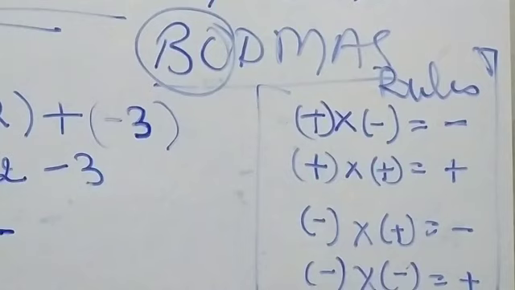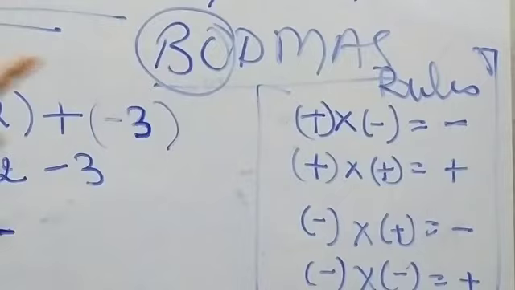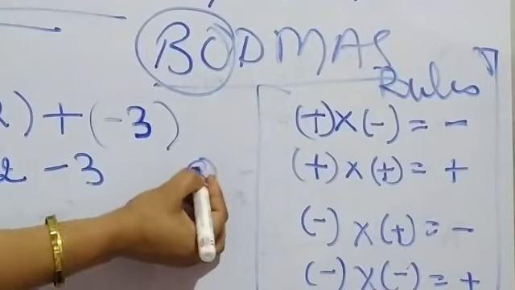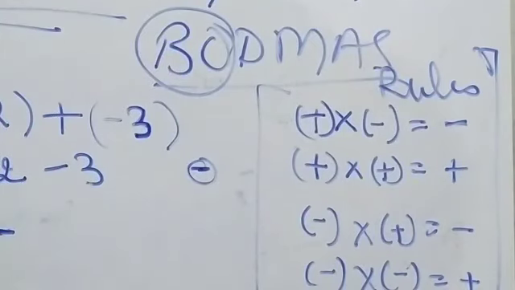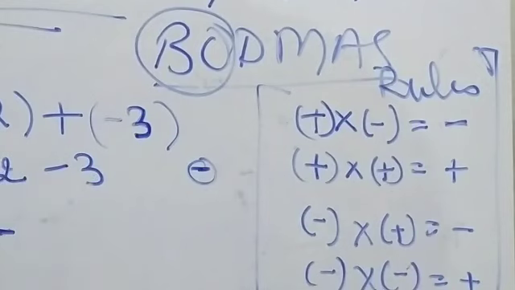But operation, what do we have to do? Plus minus, we have to do minus. The sign is also minus because the greater number between 2 and 3 has a minus. So 3 minus 2 is 1. Is it clear to you?